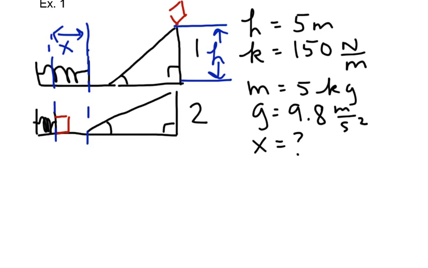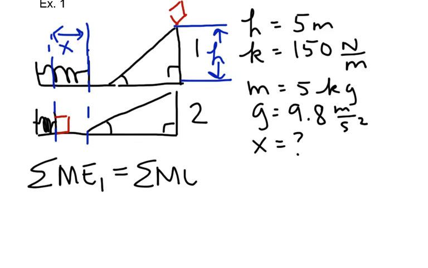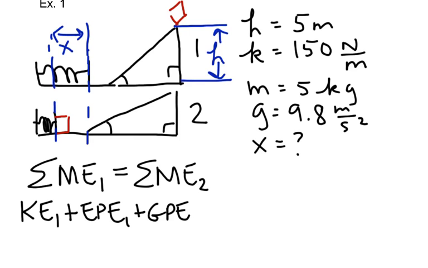Okay, so here's what we know. The total initial mechanical energy, or in this case, the mechanical energy in situation 1, is equal to the total mechanical energy in situation 2. The total mechanical energy in 1 is the translational kinetic energy in 1 plus the elastic potential energy in 1 plus the gravitational potential energy in 1.